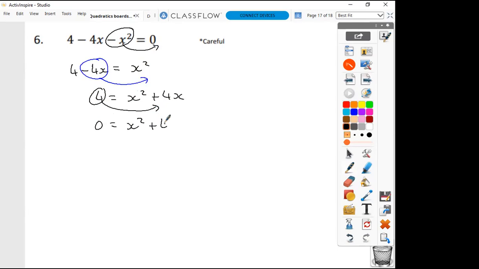Now, that's in the format that we're more used to. Okay, we can pick out our ax squared plus bx plus c off of that. Okay, so let's have a wee look, make sure this works.